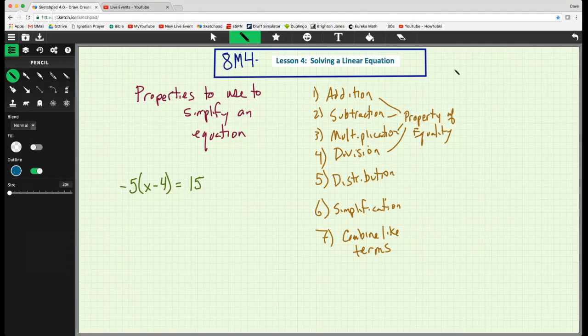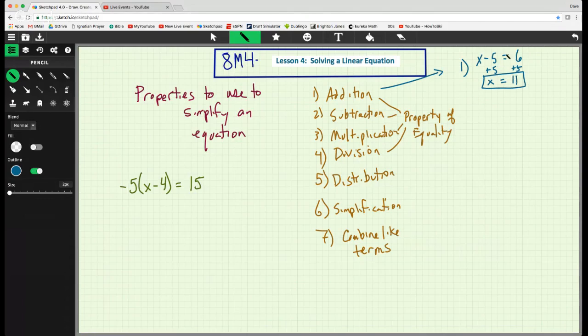I'll give you an example of each. Addition property of equality says that if x minus 5 equals 6, I can add 5 to both sides, and I get x equals 11.